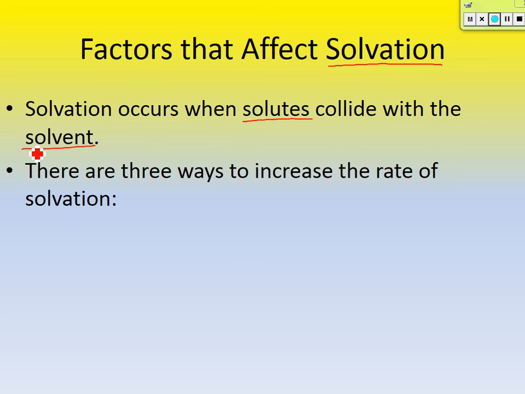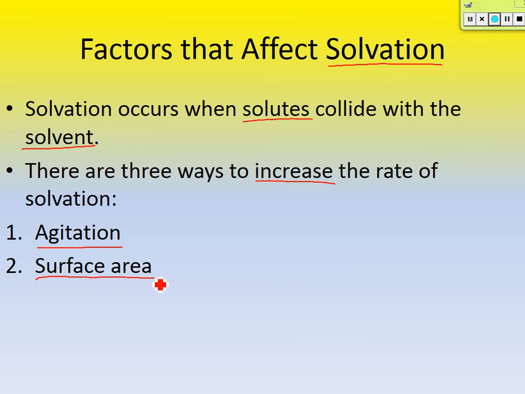Well, there are three ways to increase the rate of solvation. So let's talk about three ways to increase how fast something is dissolved. Number one, agitation. If you agitate it, that will help things dissolve faster.